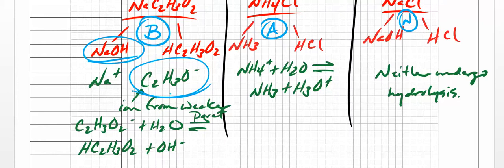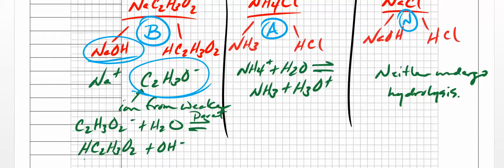So let me write the hydrolysis equation. C2H3O2-, that's the ion in question, the ion from the weaker parent, plus H2O in equilibrium with, well, what? You have to have a transfer of a proton here. That's what a Bronsted-Lowry reaction does. Well, the proton is going to go from the water to the acetate ion to form acetic acid and OH-.